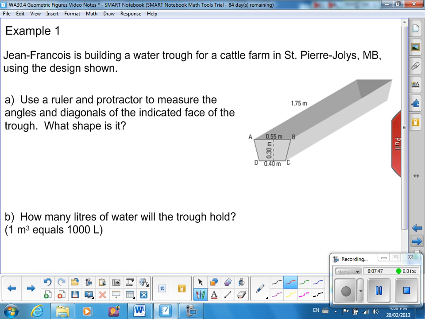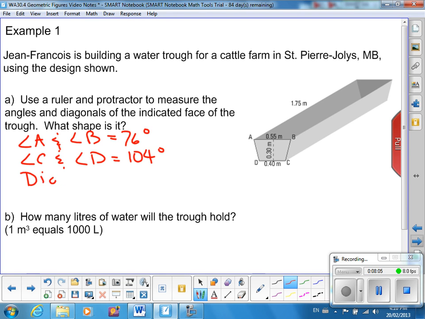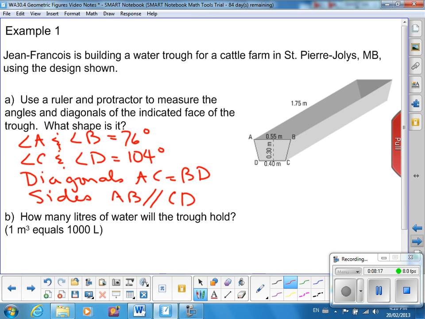Well, if you use a protractor to measure the angles and a ruler to measure the diagonals, you'll find that angle A is equal to angle B, and angle C is equal to angle D, and the diagonals, AC is equal to BD, and the sides, AB, are parallel to CD.